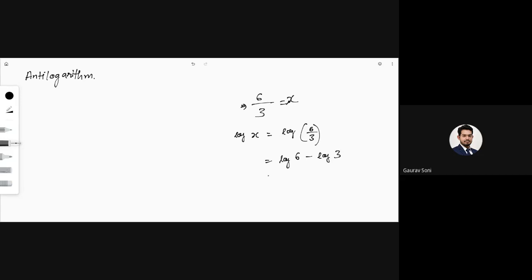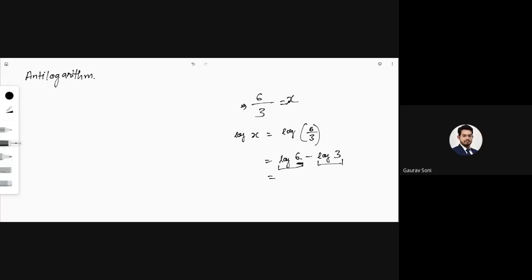How many digits are there before the decimal point? There's one digit, right? So the characteristic for this is going to be, anyone? What will be the characteristic? How do we find out the characteristic if the number is greater than 1? The characteristic will be 0. Characteristic will be 0 because what is the rule? I'll write down the rule here.